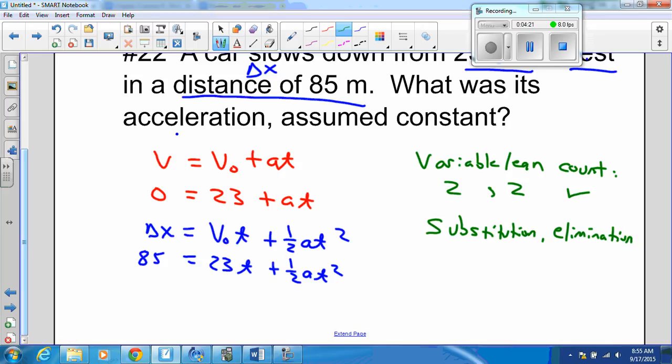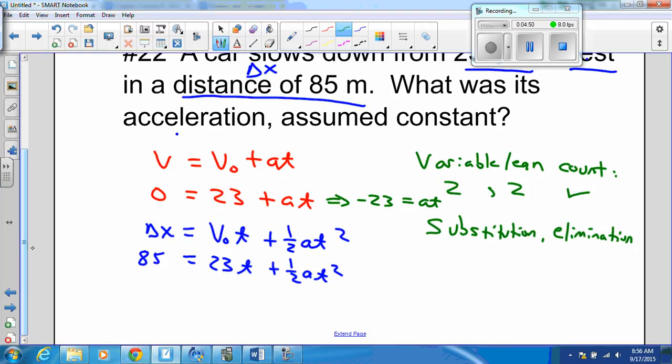So, for example, I see here that this expression 0 equals 23 plus AT. If I find anything that is exactly 23 plus AT, I can substitute 0 for it. Or, if I find anything that is exactly equal to AT, then I can replace that with negative 23.